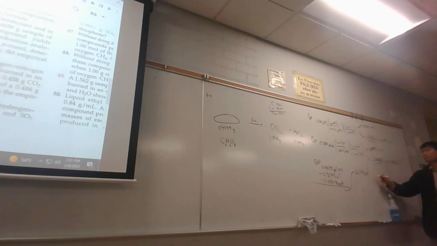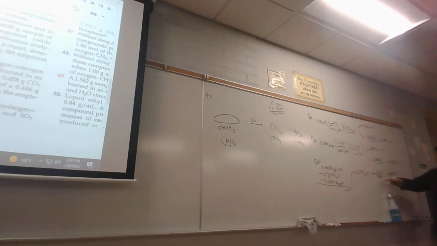Okay, now I'm going to go to moles of oxygen. I'll multiply this by 1 mole of O per 16.00 grams of O. So divided by 16 equals, and I end up with 0.003715.